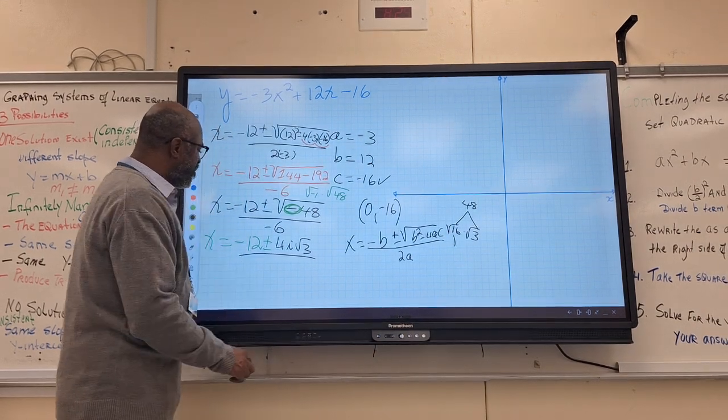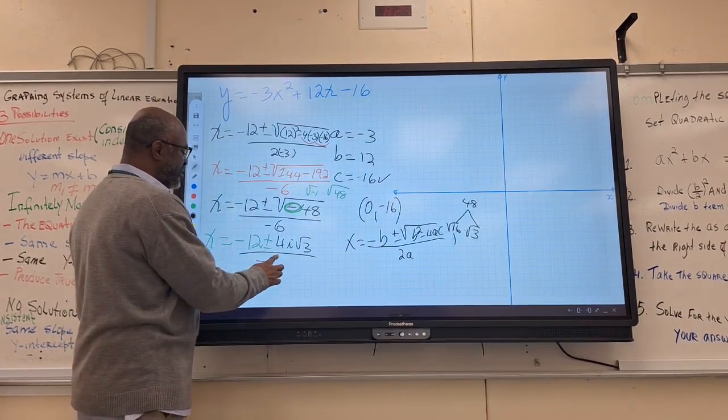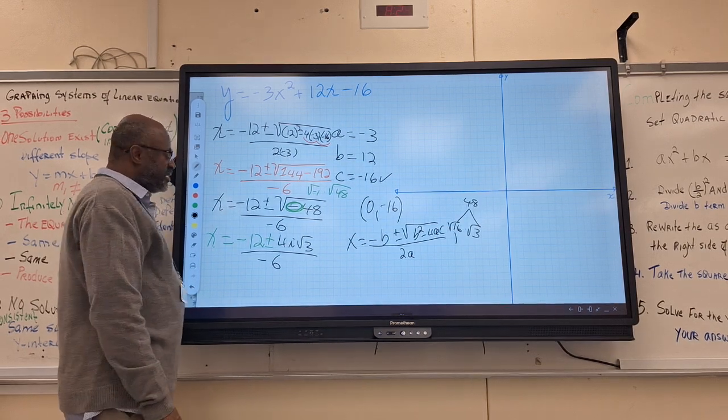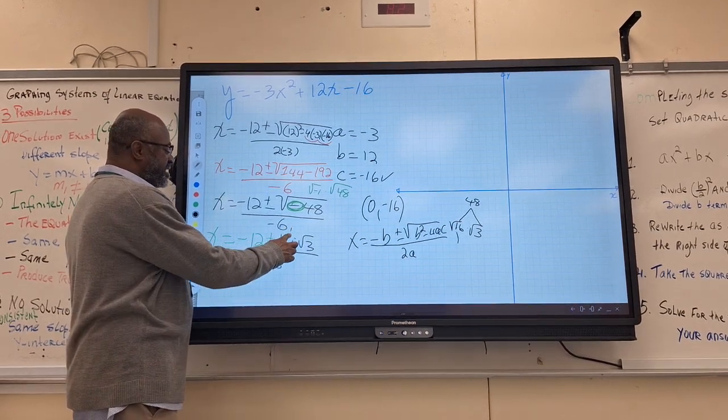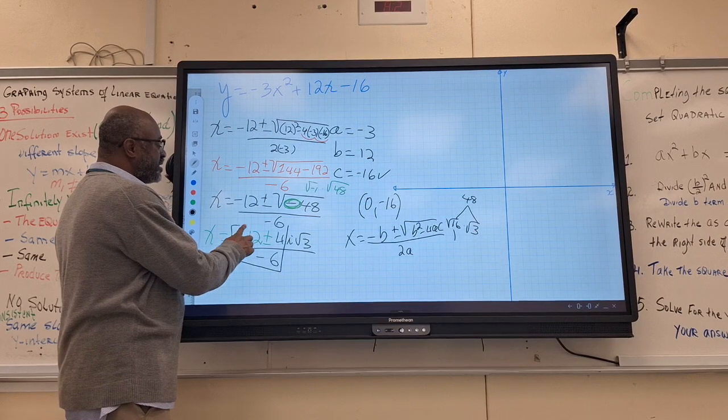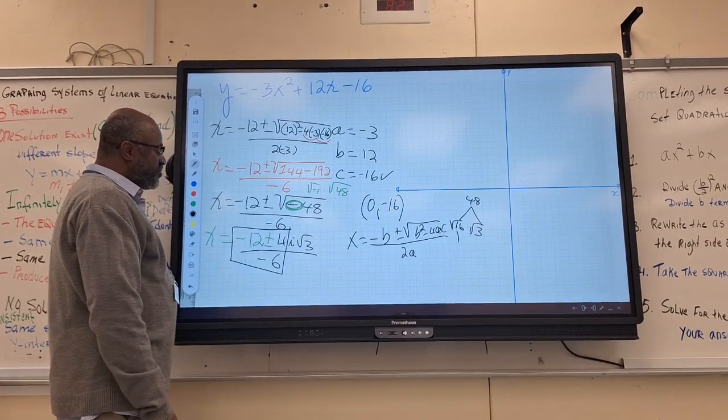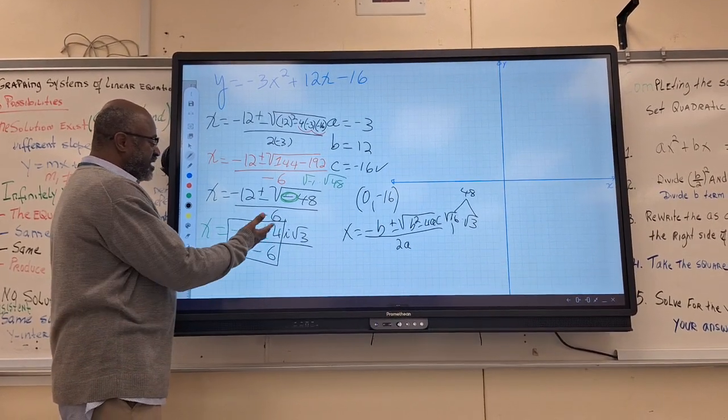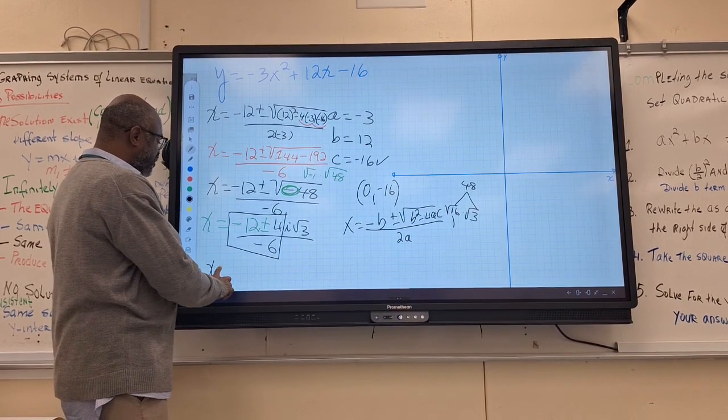Negative 48 becomes that, all over negative 6. So this can be simplified. What number do they have in common? They have 2. You can simplify by 2.